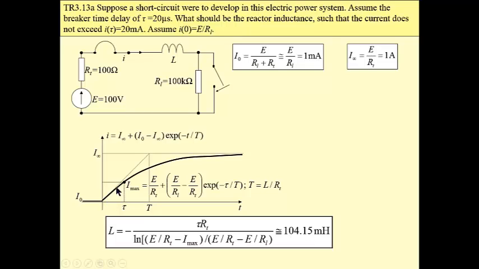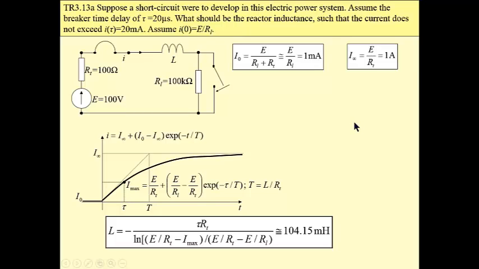So we have an exponential curve, an exponential rise. Obviously this current is not rising to 1 amp because we have a breaker, and at this level, after this time, the breaker opens the circuit, so this current then drops immediately to 0.